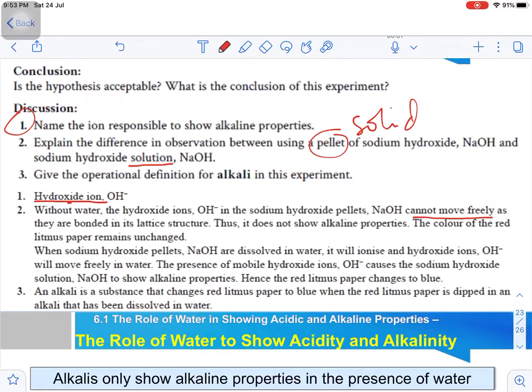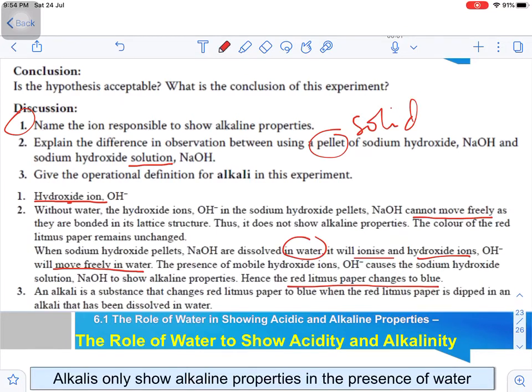When sodium hydroxide pellets are dissolved in water, they will ionize and hydroxide ion will move freely in water. So, the hydroxide ion that moves freely causes the red litmus paper to change to blue and show alkaline property.